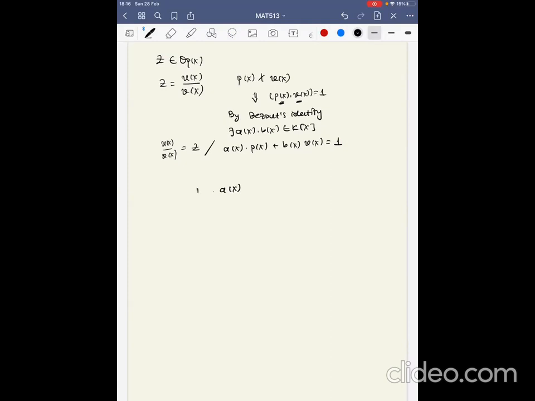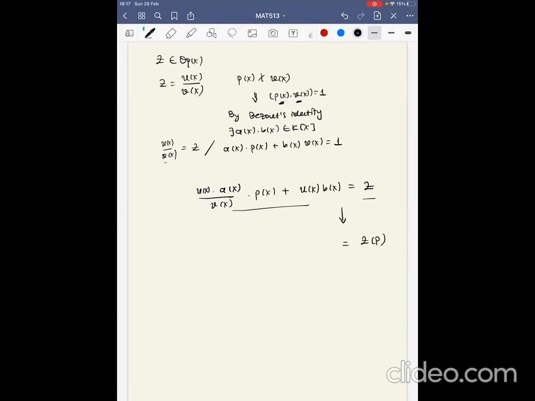And then here we will have cancellation. Then we consider the evaluation of this equality under the residue class map.